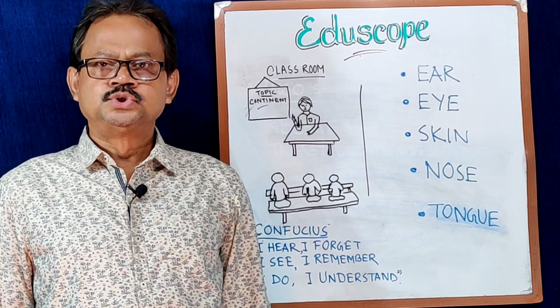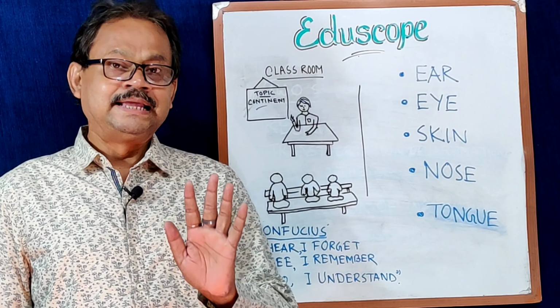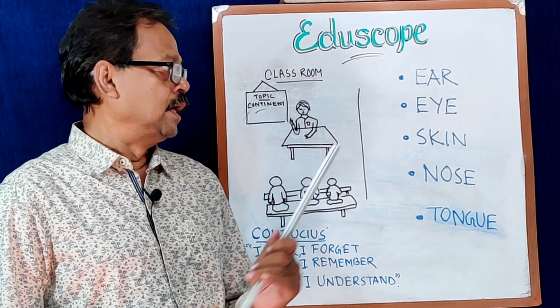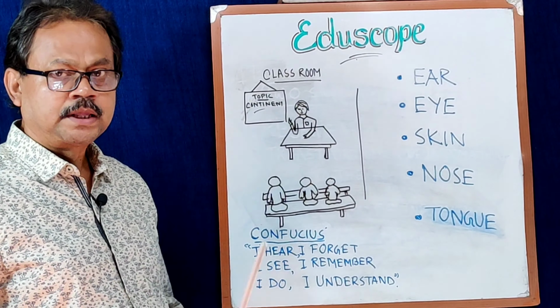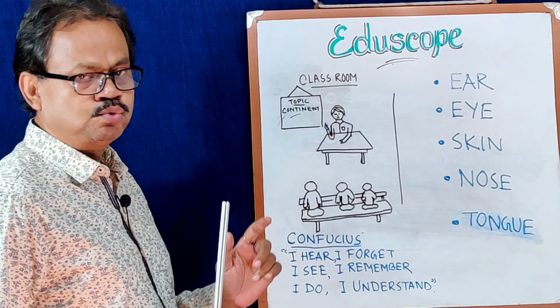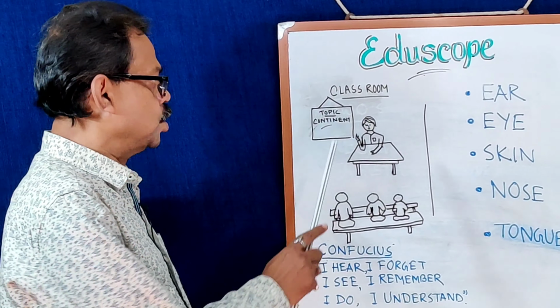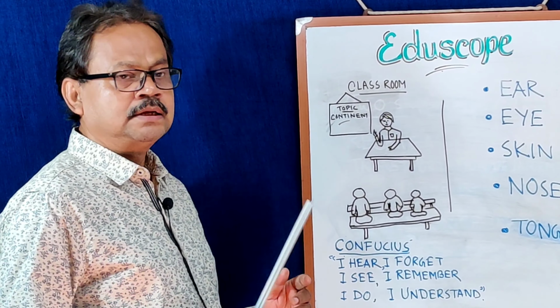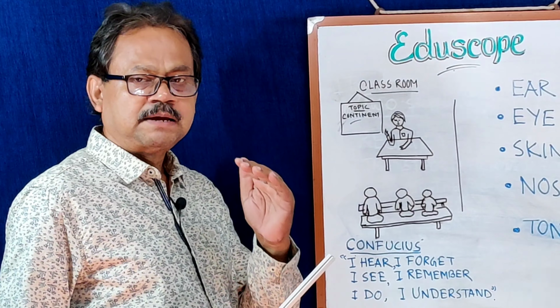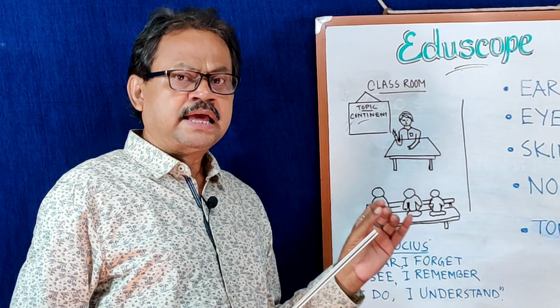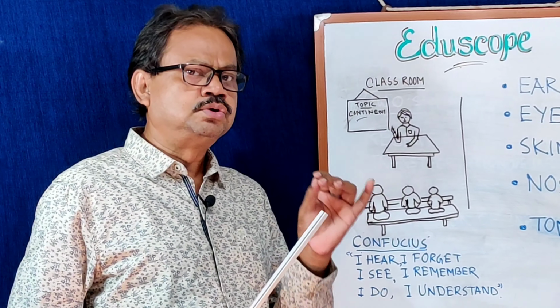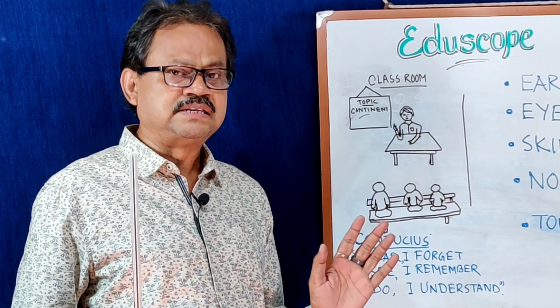So we know that there are 5 sense organs: ear, eye, skin, nose and tongue. Now coming to a classroom, here you see what teacher is teaching: continent, subject geography, topic continent. The teacher is explaining about continent very nicely.